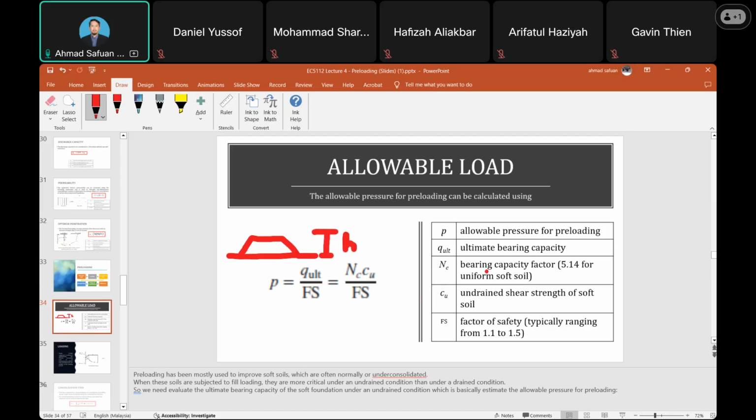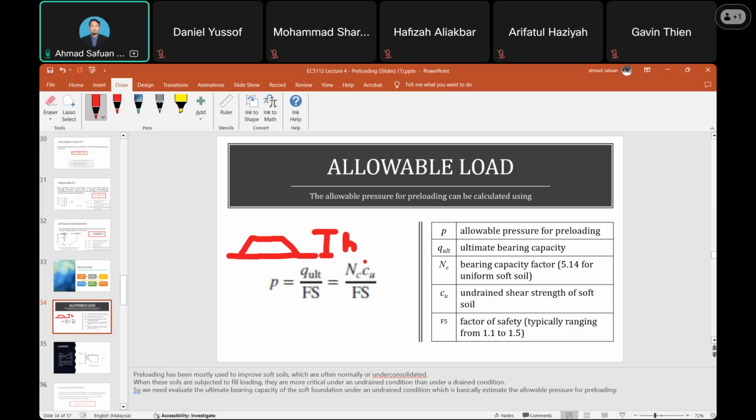Since we deal with soft soil, the NC is equal to 5.14, then the NQ and N gamma are usually either 1 or 0. But for this embankment, it rests at the top, so there will be no value of the NQ.